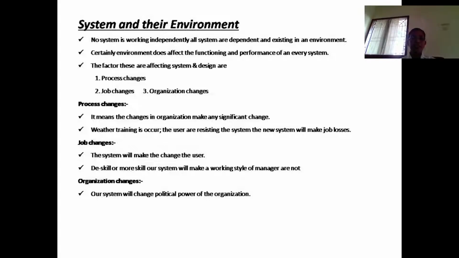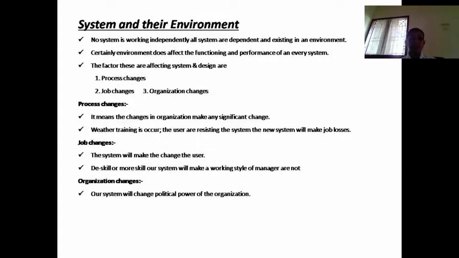The factors that affect the system and design are process change, job change, and organization change. Process change means changes in the organization that make any significant change. For example, whether training is secure, whether the users are resisting the system, and whether the new system will cause job losses.